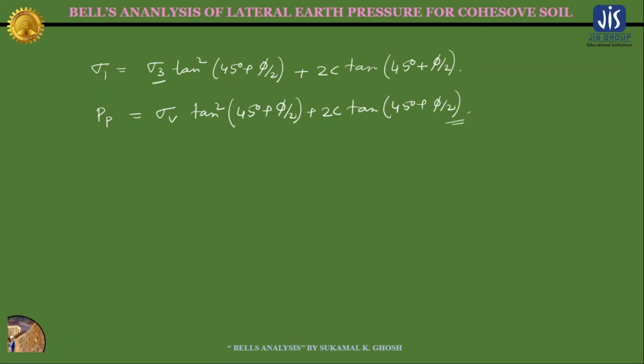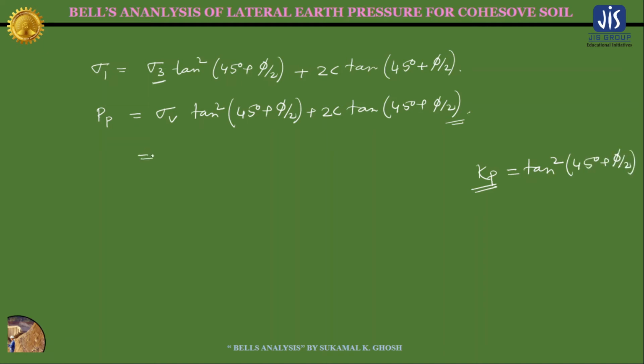Now if you recall, we had also derived that Kp, the coefficient of passive earth pressure, is equal to tan square (45 degree plus phi by 2).